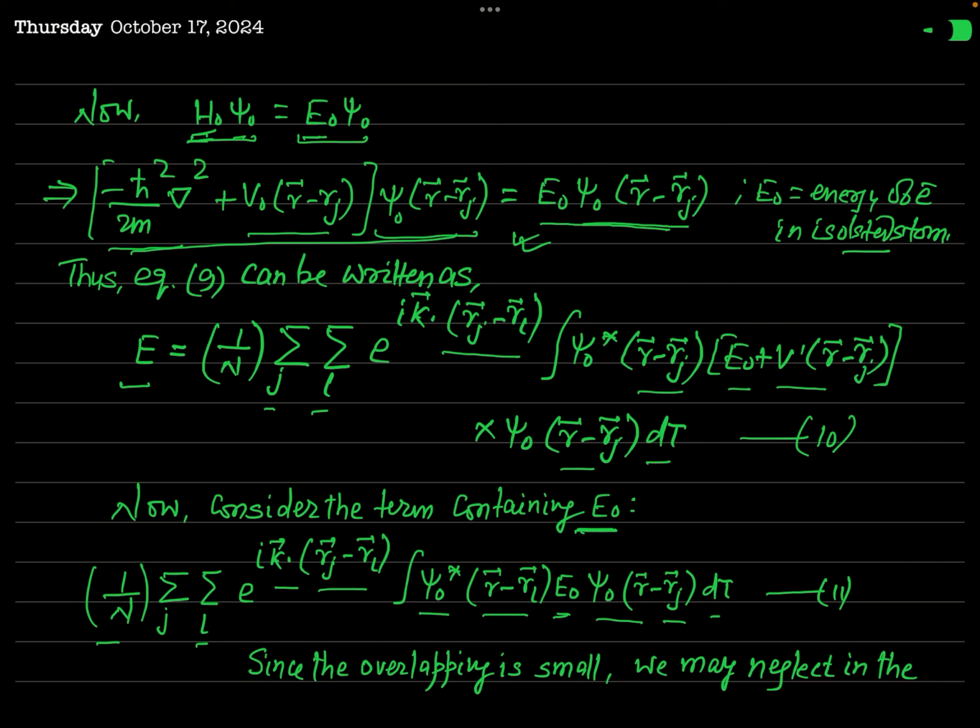Now, we are actually considering a small overlapping case or weak perturbation.